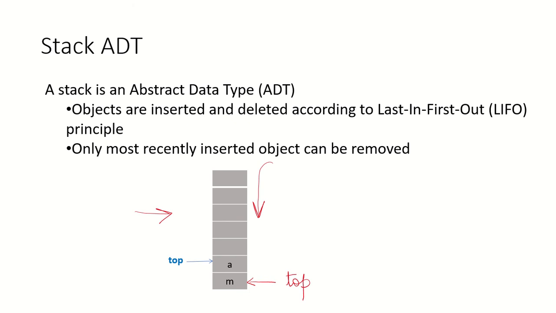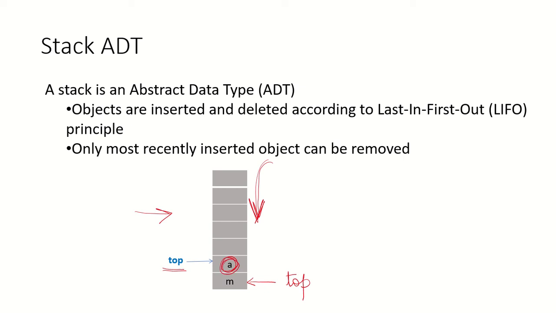Then we want to add another character A. Again we can introduce it only from the top. So one more element goes inside, and the top variable is incremented to point to the element which is at the top of the stack.